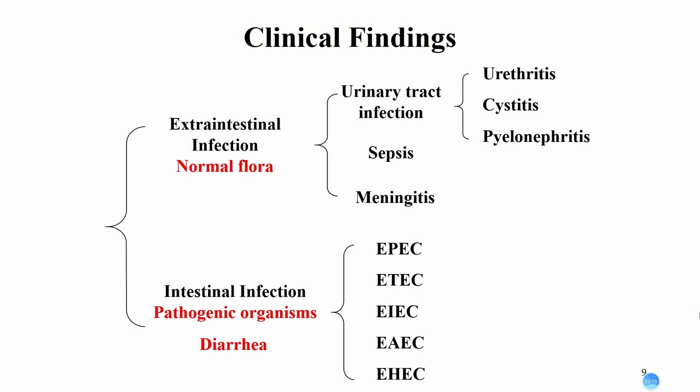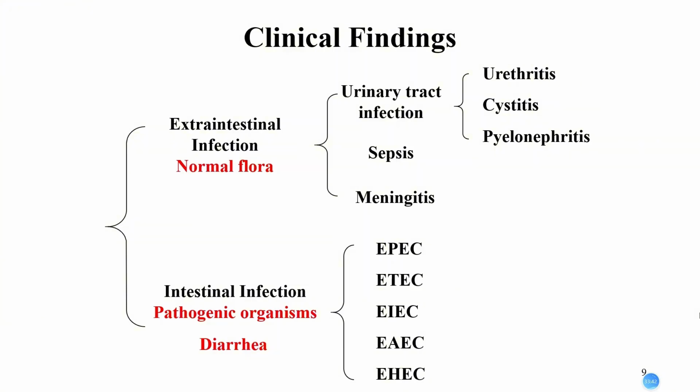The normal flora don't cause disease while they are in the intestinal tract. But once they travel to other parts of our body, such as the urinary tract, they cause infection.